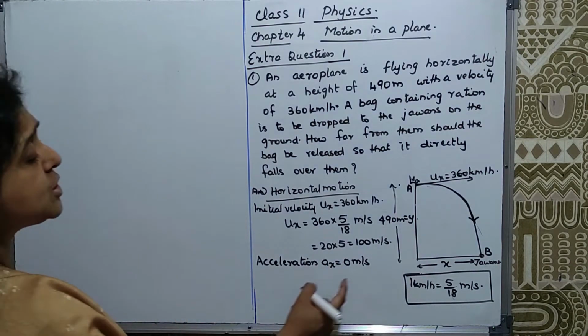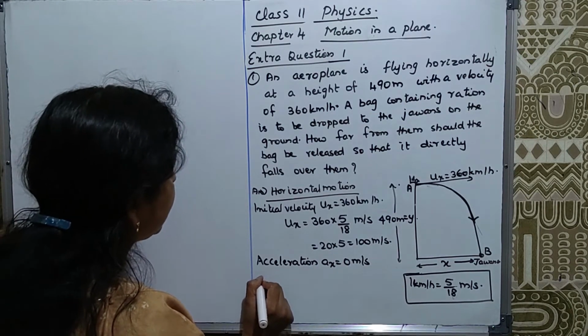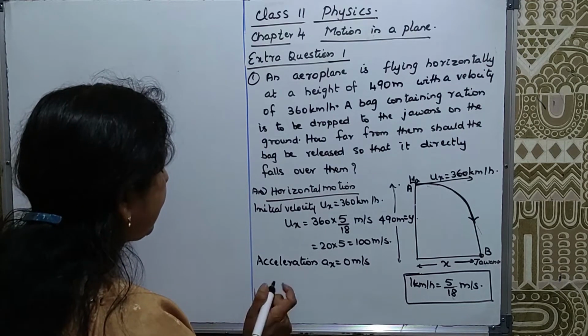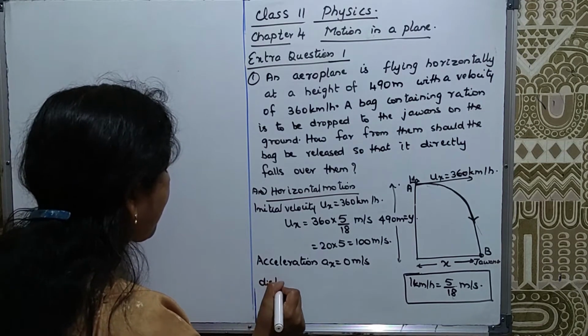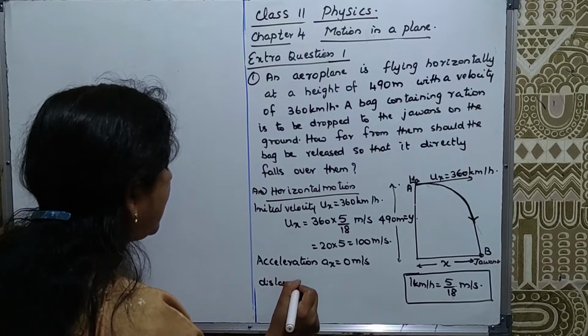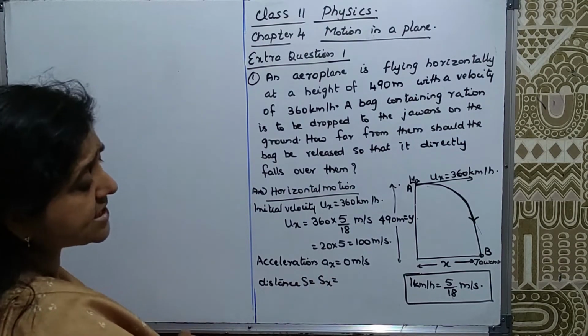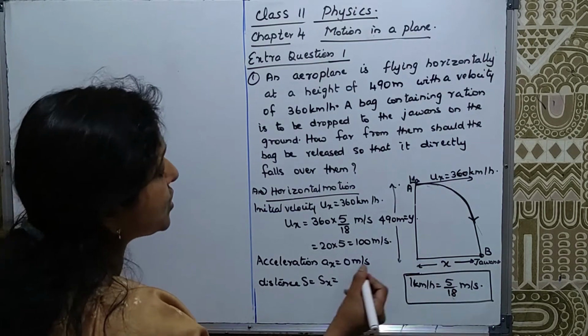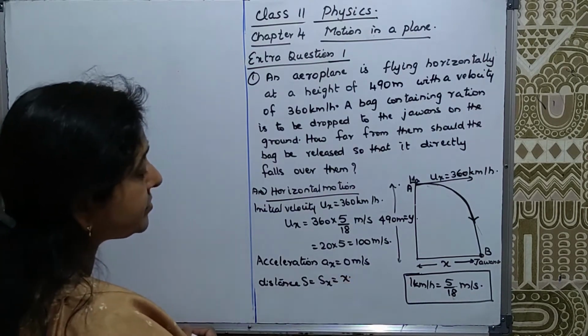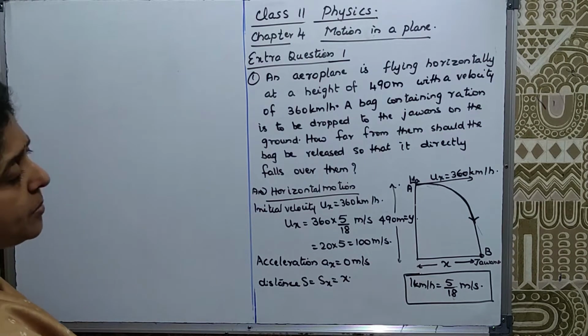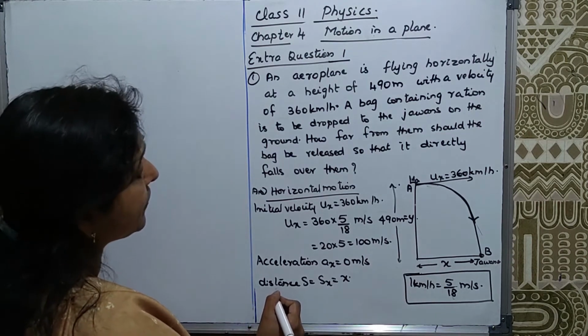Now the displacement along the horizontal, or distance covered, s. Along the horizontal it is sx actually. We'll take that as the horizontal distance x. Now we'll apply the formula s equal to ut plus half at squared.